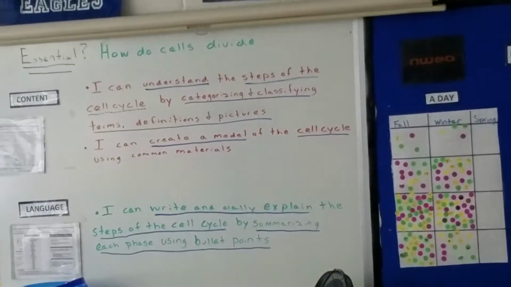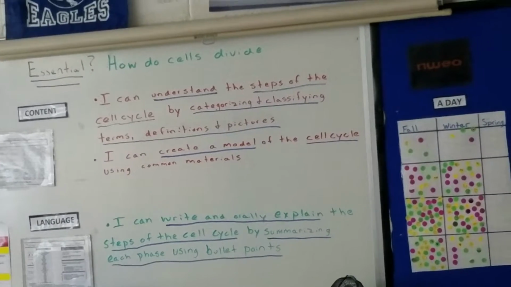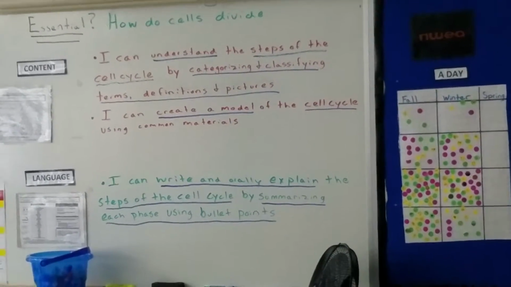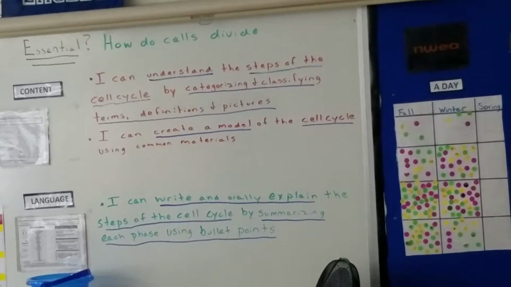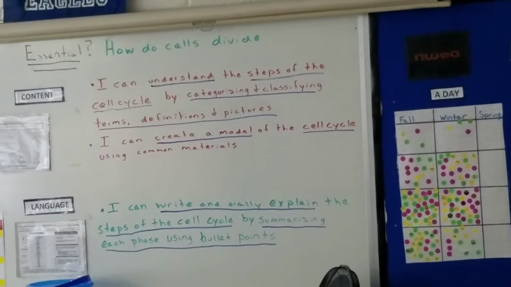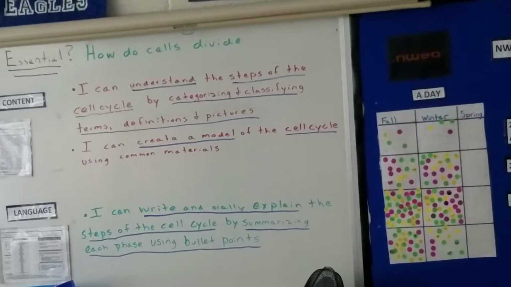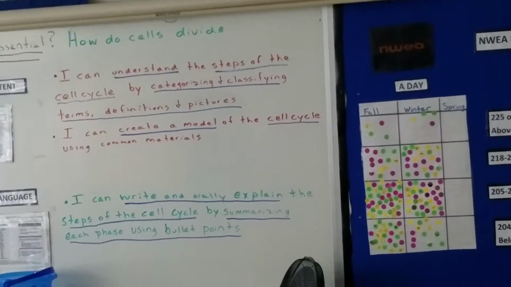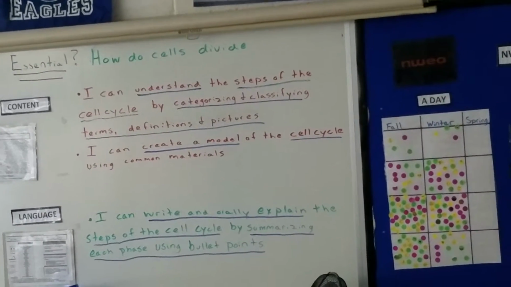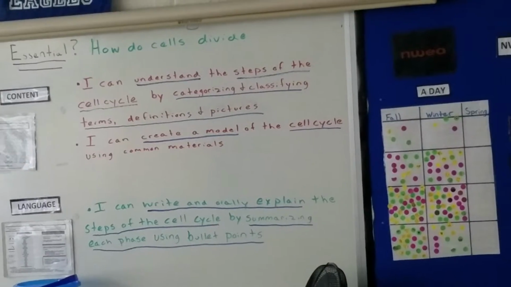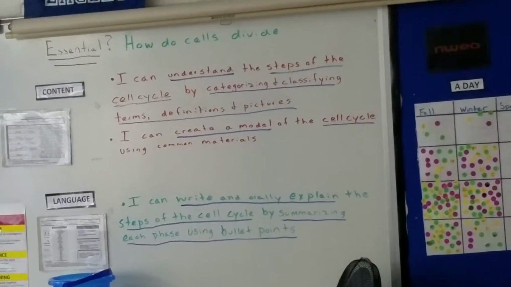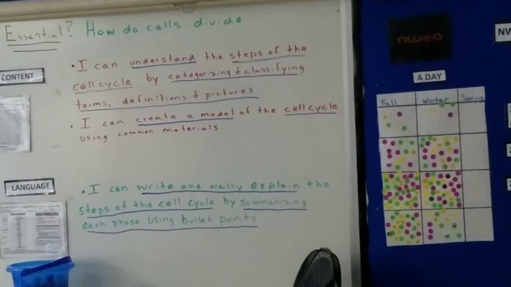And where are my Sparties? All right, Sparties, you get to read the stuff that's underlined on the content objectives. Okay? So let's read the first one, and I'll read the stuff that's not underlined too. So Wolverines, you're reading the stuff that's not underlined. Sparties, you're reading the underlined. Okay? All right, here we go.